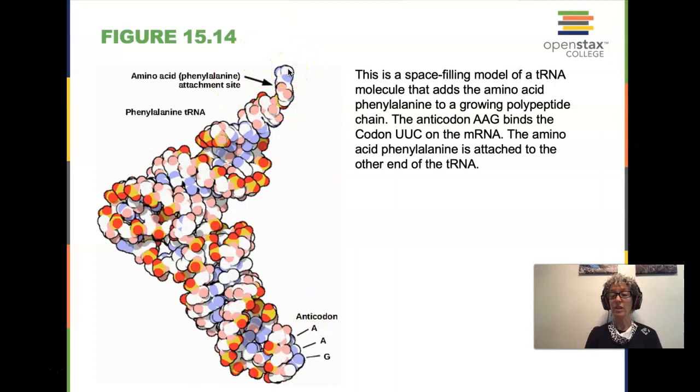That means if there are 64 codons, let's see, minus 3 for the stops, so 61 of which encode an amino acid, then there are 61 different anticodon tRNAs, because each codon has to have an anticodon present on a tRNA, so the tRNA can deliver the correct amino acid.